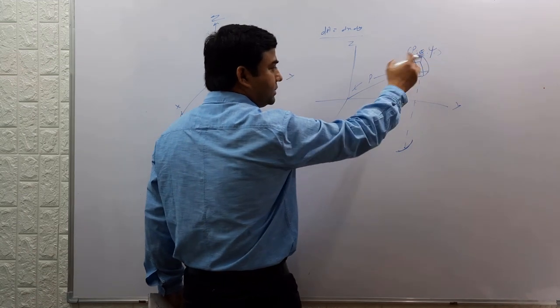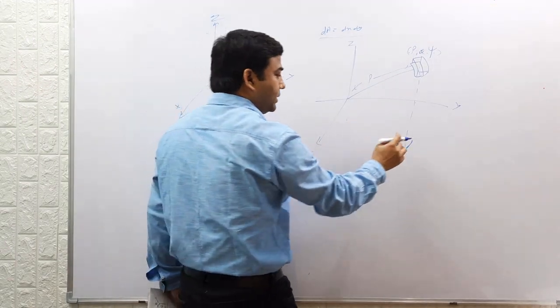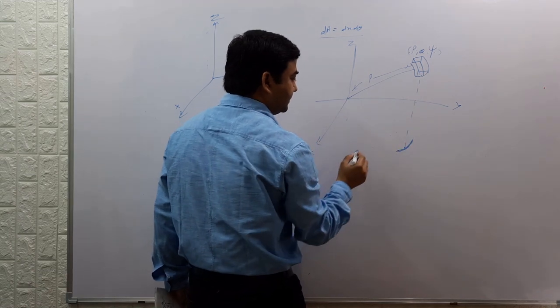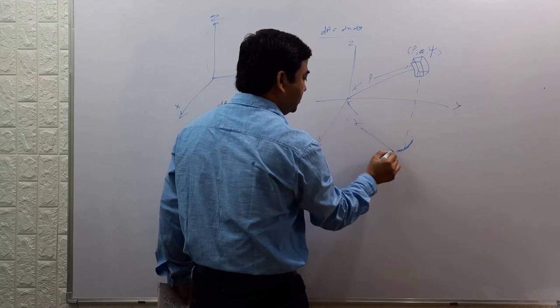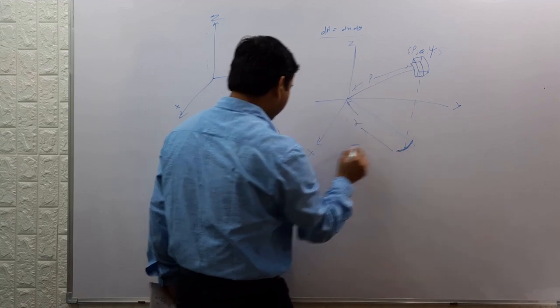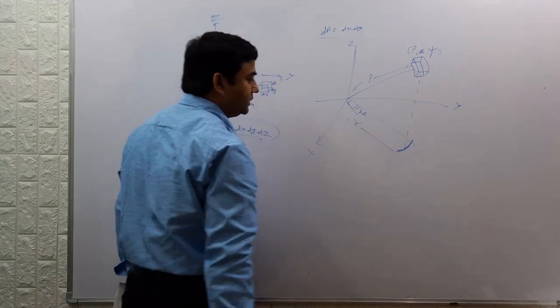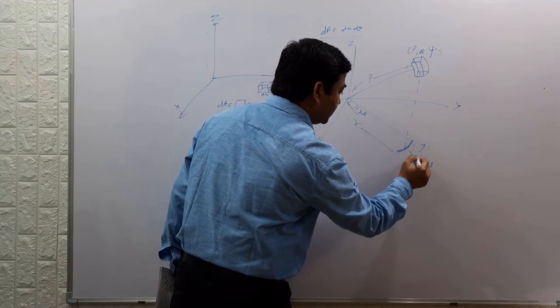This is the volumetric part of the spherical shape, and this will be the arc, and the length of this arc is r d theta, as we have found it earlier.